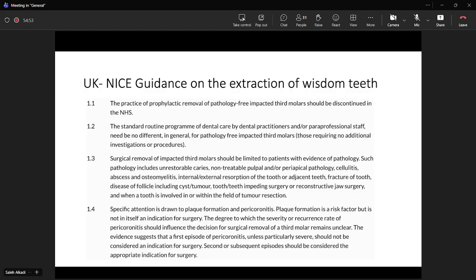So in this case, there is definitive pathology, and yes, we can remove this tooth, but prophylactic removal of wisdom teeth is not recommended.